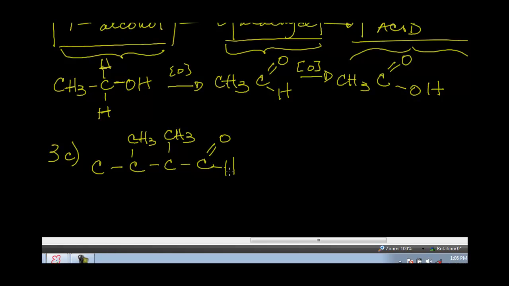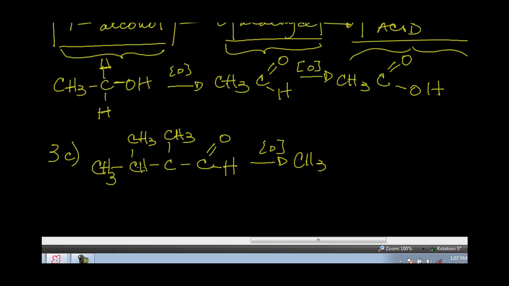Noticing that in this reaction, like in all the other reactions, I'm showing all the bonds to see what is changing. The first one has just 3 hydrogens. And when I oxidize it, what do I produce? So if you have this in your test, what is your product? CH3.